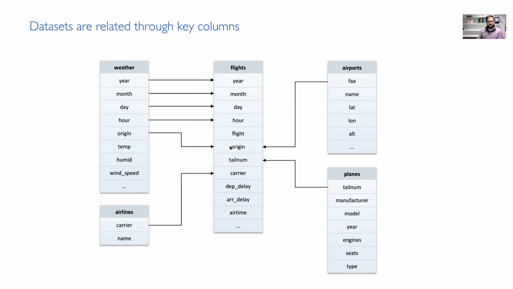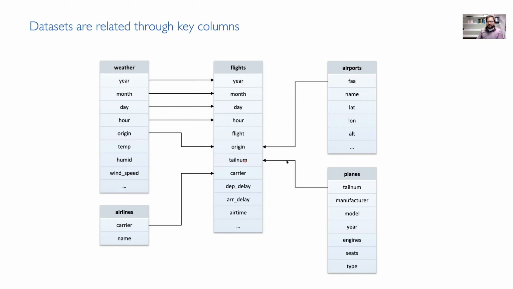And with this we can connect the flight to the weather that occurred when this flight departed. We can also connect the airport information. For example, this FAA is an identifier that has a different name in this table, but is essentially the same as the origin airport. And we have the information to link these tables together.